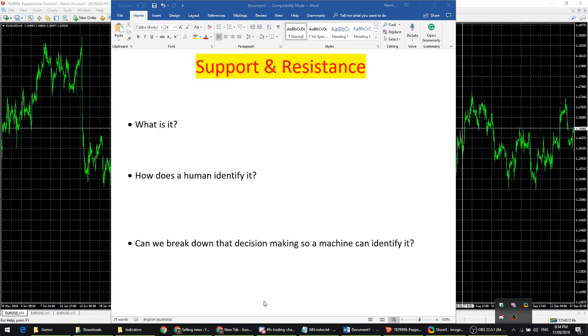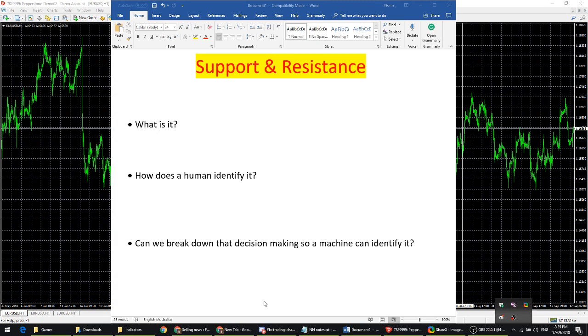So when that comes to support and resistance, if you're short on the Euro USD, technically resistance is below and support is above, because if you're short and the price is going against you and you get support for your position, it's hitting a price above the current price and stopping it going against your short position, and resistance is stopping it going further down and resisting your trade going better.